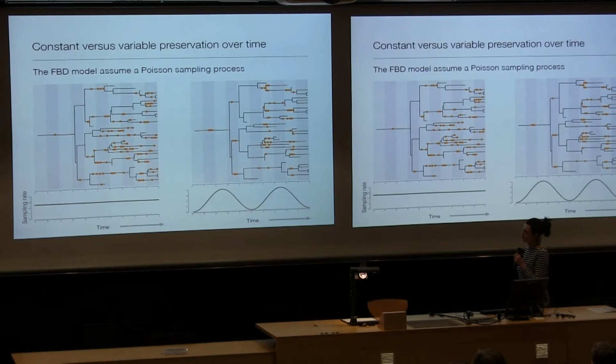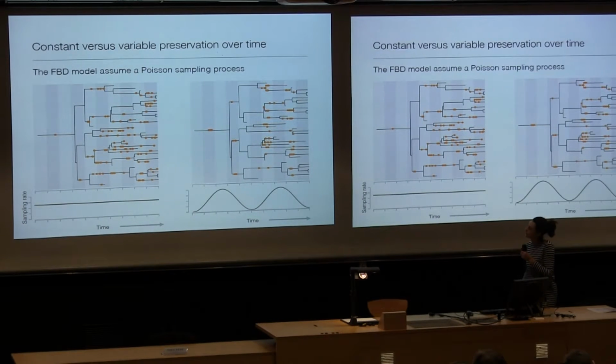The underlying sampling model in the FBD model is a Poisson sampling process, and this essentially assumes that fossil samples are sampled at random across time and different branches, with the sampling rate constant during different geological intervals, which is obviously a gross simplification of the actual preservation and sampling processes.